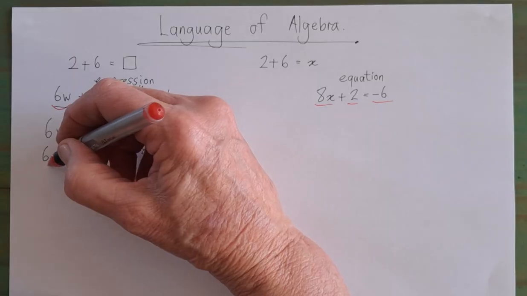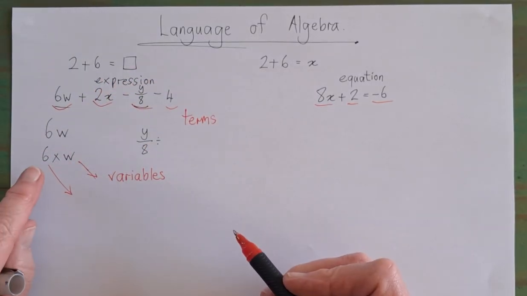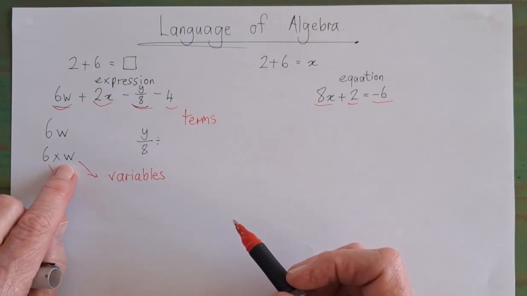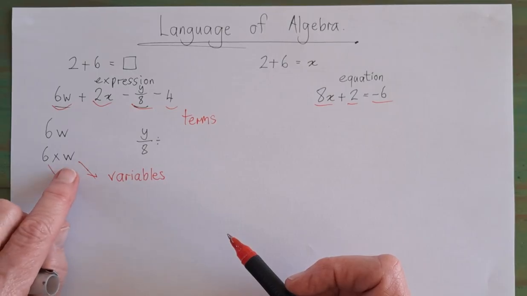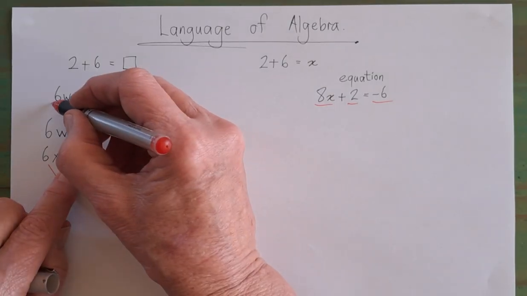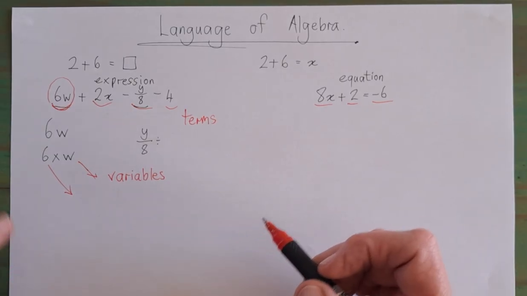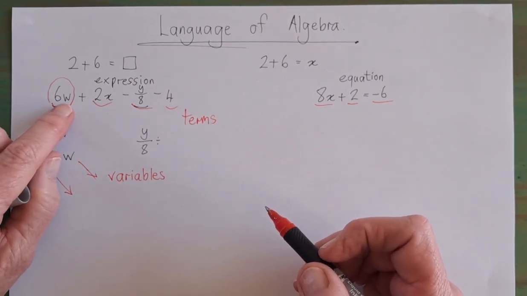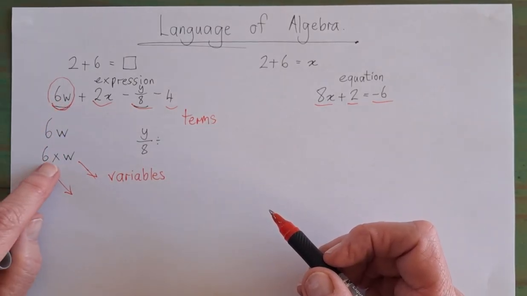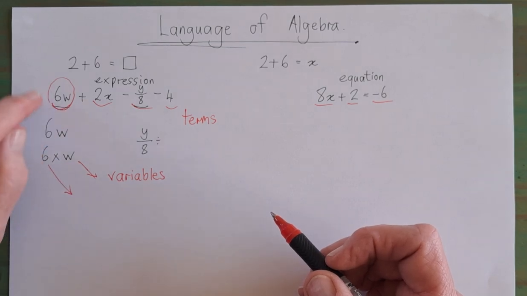Now let's look at the 6. This 6 is being affected by the w. Whatever the w is will affect what this entire term becomes. So let's, for argument's sake, say if w had the value of 1, then it would be 6 times 1, which is 6 for that term.